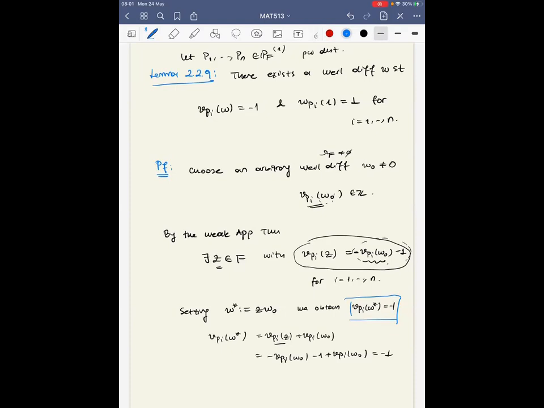So that means they have poles at the P_i's of order 1.